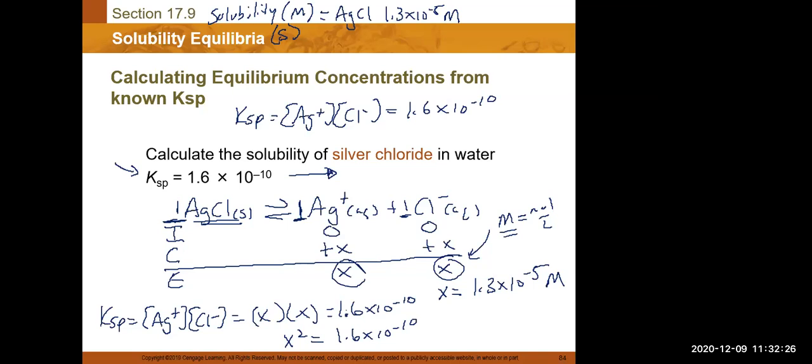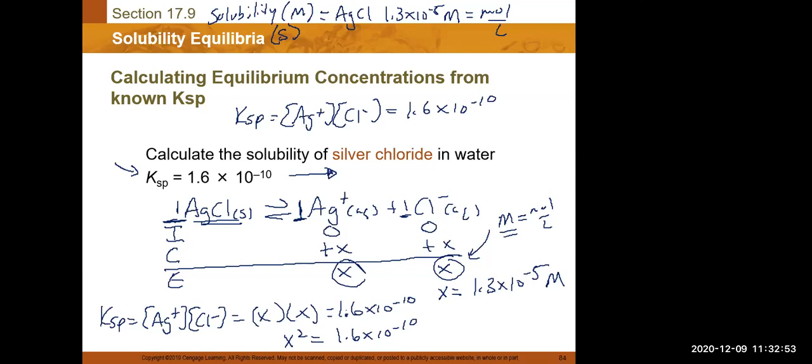And just for a reference point, if we wanted to figure out what that means in, say, grams per liter, so this is moles per liter, we could take the molar mass of silver chloride, which was 107.9 plus 35.45, and multiply that by 1.3 times 10 to the minus 5.